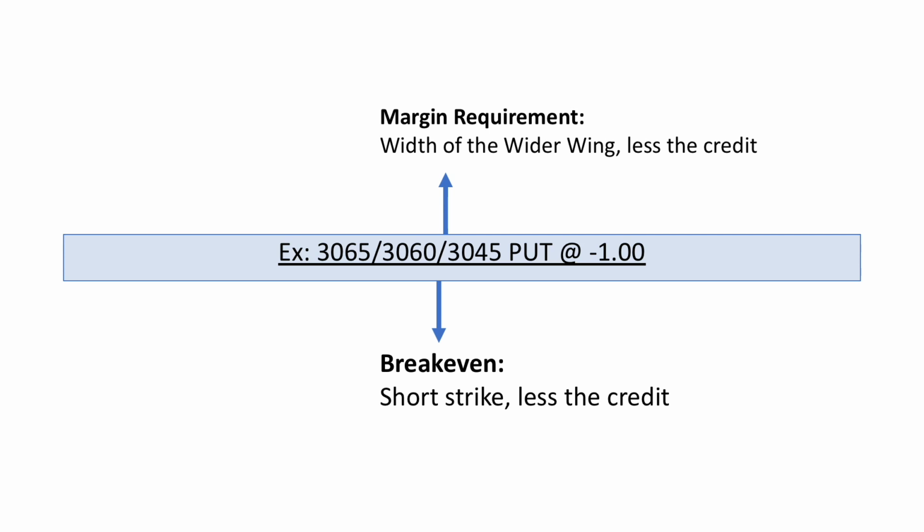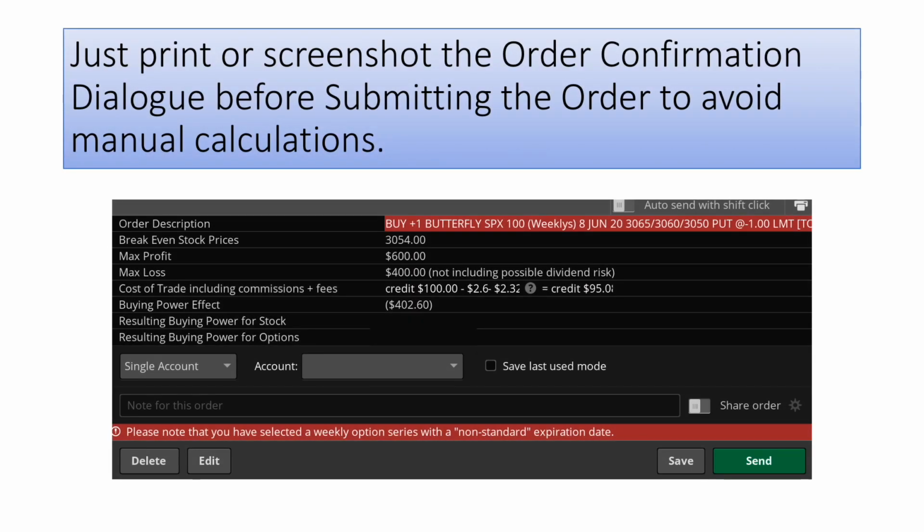And then your break even is calculated by taking your short strike, those ones that you sold in the middle, and minusing the credit. Okay, and if you're in Thinkorswim, if you just print or screenshot the order confirmation dialog before you submit your order, all the calculations will be there. You'll see your break even, max profit, max loss, and your buying power effect, which is how much capital you need to put on the trade.